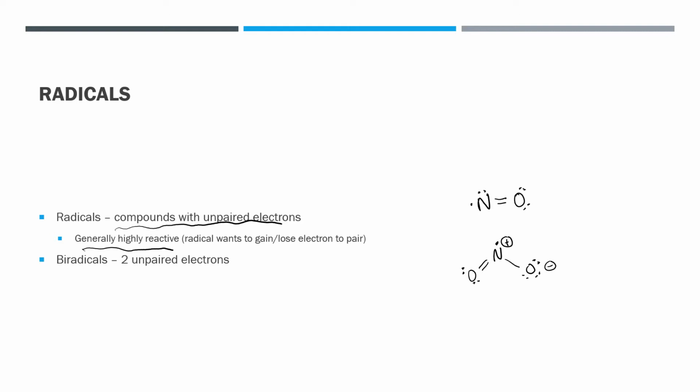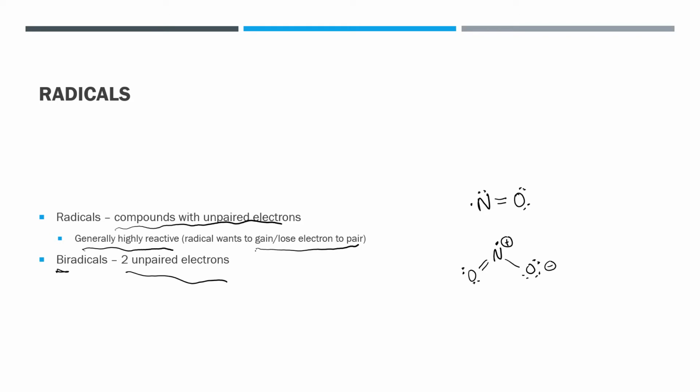There's a ton of reactions that radicals can undergo such that they gain or lose an electron. Either way, it's going to make the compound happier. And biradicals are just an extension of radicals where you have two unpaired electrons, hence the bi in biradicals.